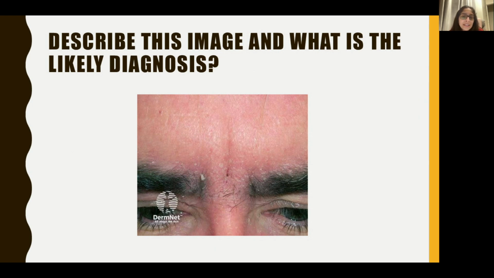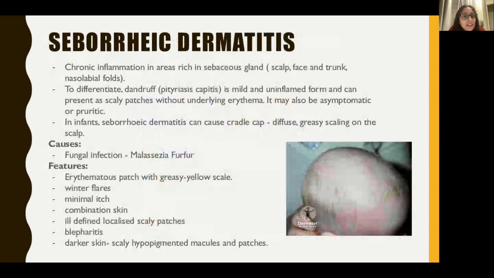Okay, so here we can see that there is some erythema, some flaking around the eyebrow region of this patient. So this is an image of seborrheic dermatitis. So this is a chronic inflammation, and it occurs commonly in areas that are rich in sebaceous glands.